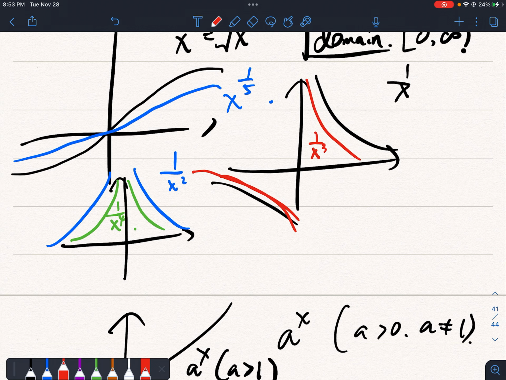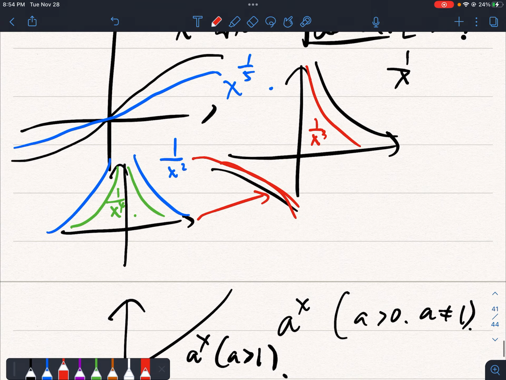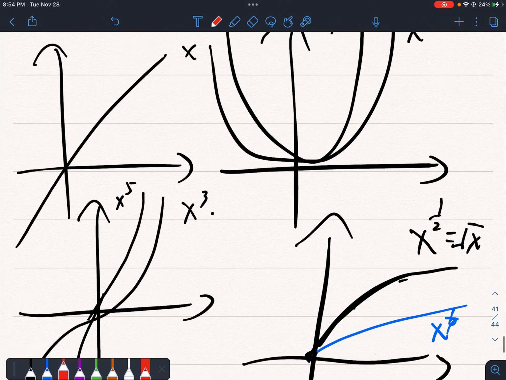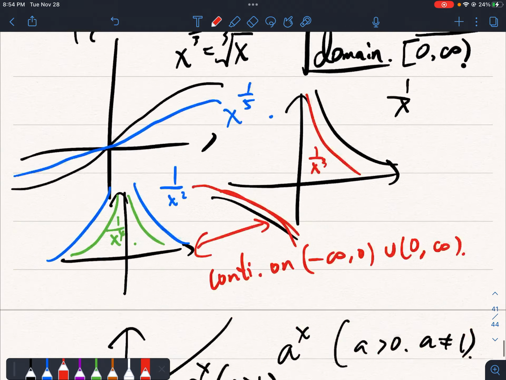So it's continuous on the union of the open interval from negative infinity to 0 and the open interval from 0 to infinity. So for these two functions, it's continuous on their domain, which is from negative infinity to 0, union 0 to plus infinity.